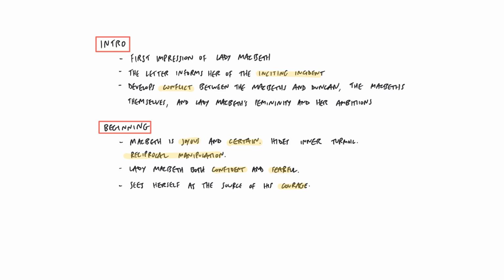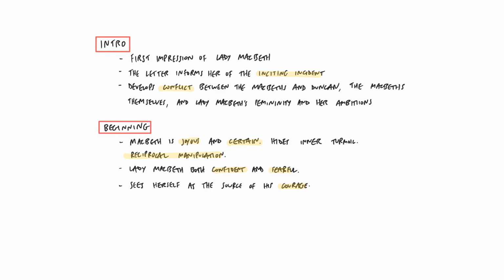Break the scene into 3 sections. The first is from the beginning until the messenger enters. Here we can see that Macbeth's tone in his letter is joyous and certain. He hides his inner turmoil that we saw in his "two truths are told" soliloquy in Act 1, Scene 3. There's an argument, therefore, that the manipulation between the two of them is reciprocal.